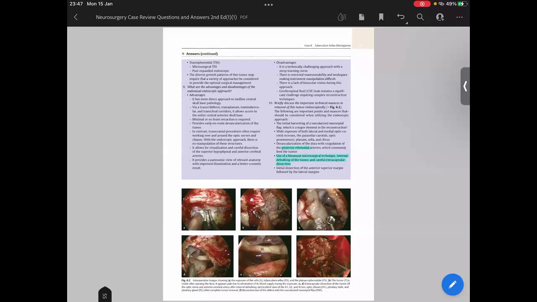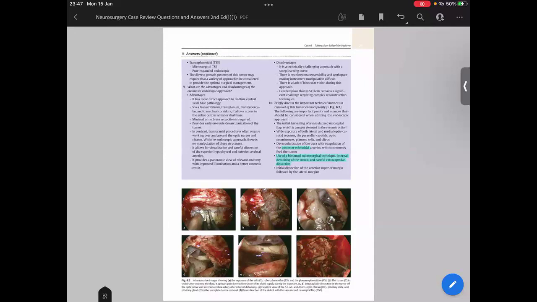Its disadvantages are that it's a technically challenging approach with a steep learning curve. Sometimes we may have to involve the ENT surgeons to do the nasal dissection to make the flap all the way to opening up the sphenoid air sinus.